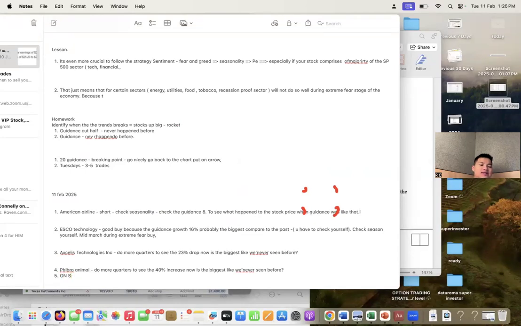I just need to look at the season real quick as well and the P. Short because it dropped from 1% to 0.5 EPS. Need to check last time what happened to the stock price when it dropped 50% like today.